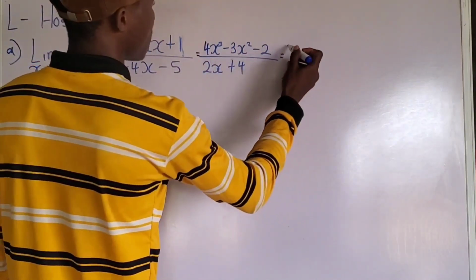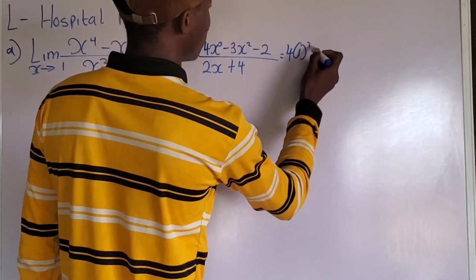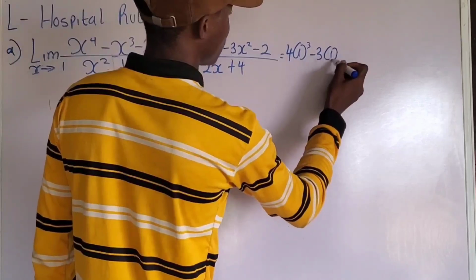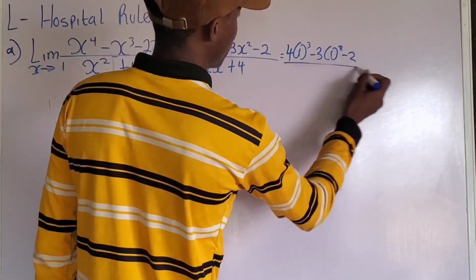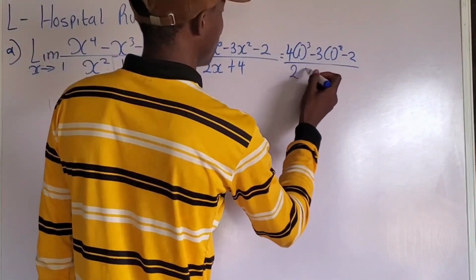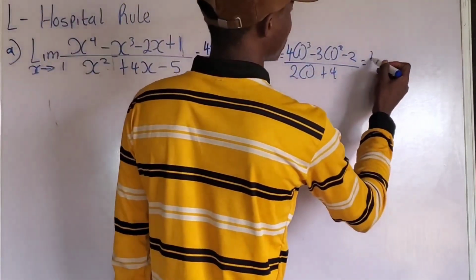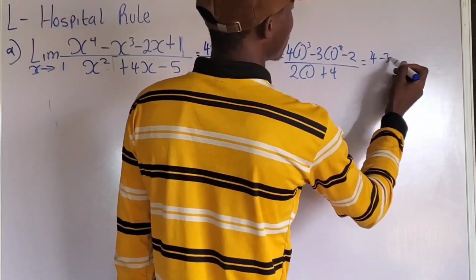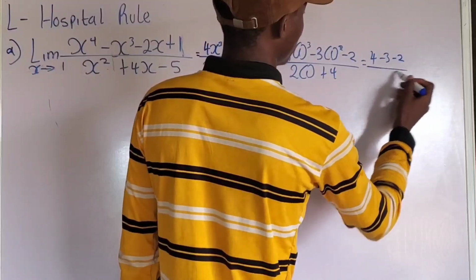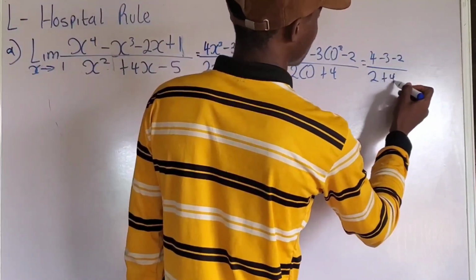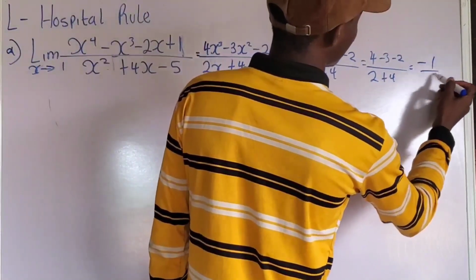For this, you are going to have 4 times 1 to the power of 3 minus 3 times 1 to the power of 2 minus 2, all over 2 multiplied by 1 plus 4. That is 4 minus 3 minus 2 all over 2 plus 4. That will be negative 1 all over 6.